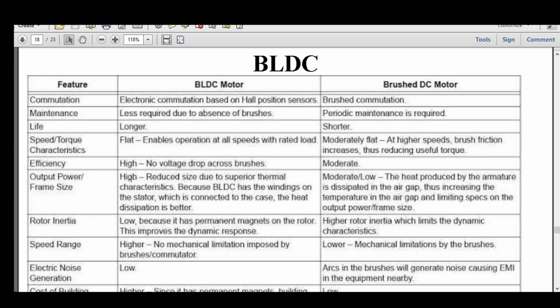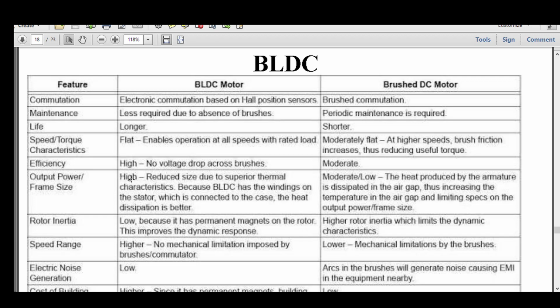Efficiency is very high, nearly above 90%, and for brush DC motor you can make it as high as 80%. In real cases it is within 80 to 90%.